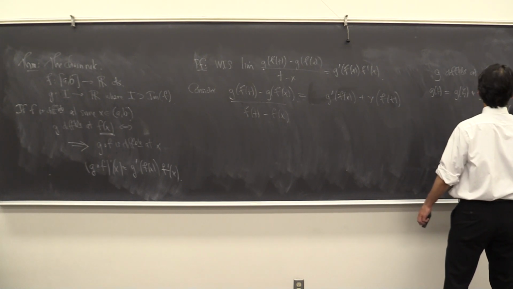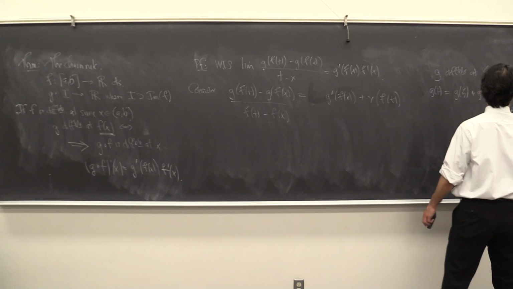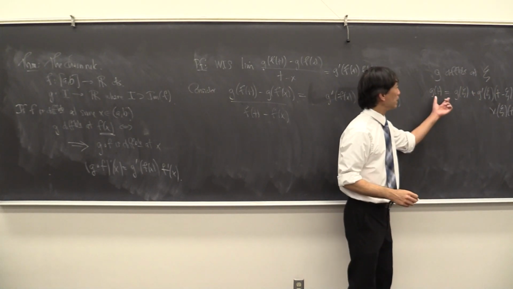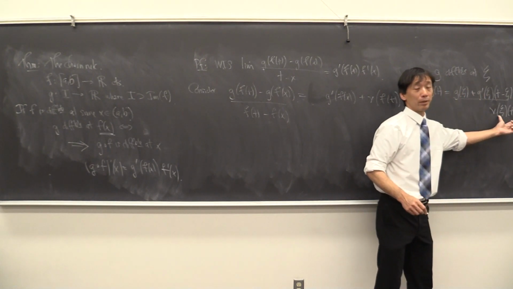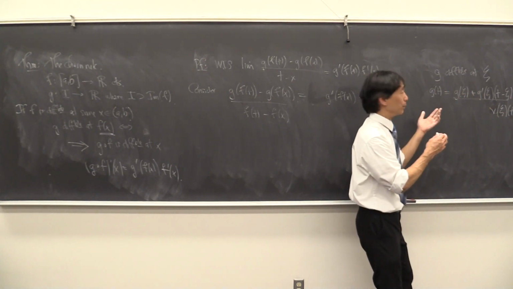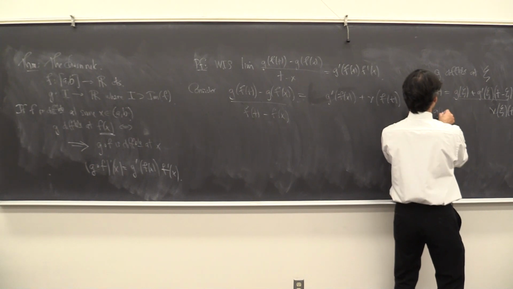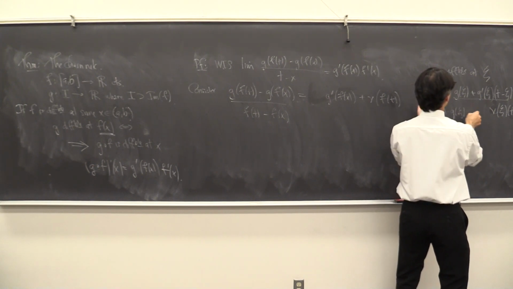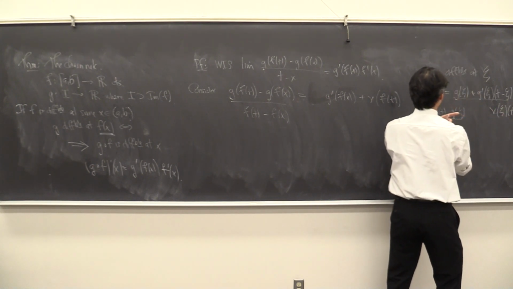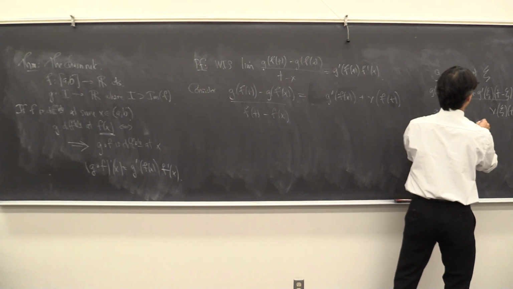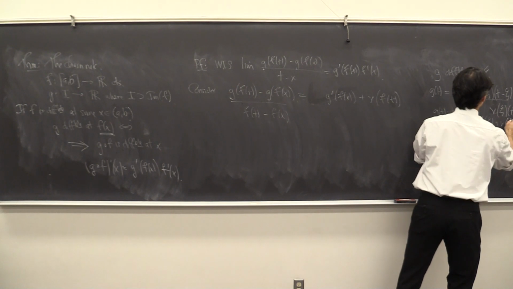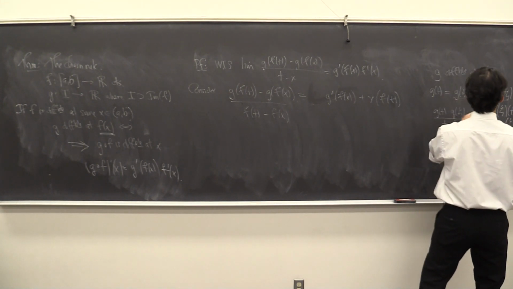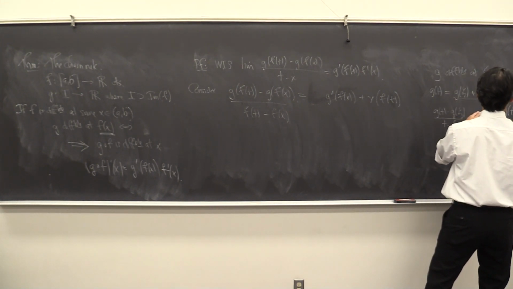This is expressing the function as the tangent line plus some error. So I'm going to go backwards a little bit: g of t minus g of zeta divided by t minus zeta equals g prime zeta plus nu of t.